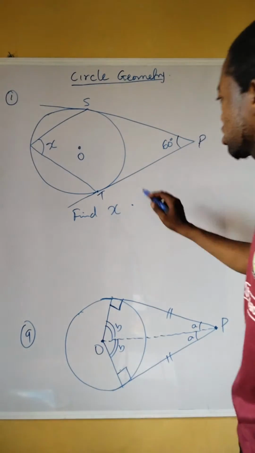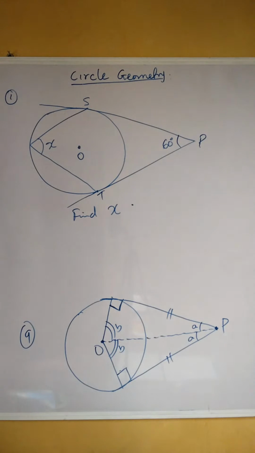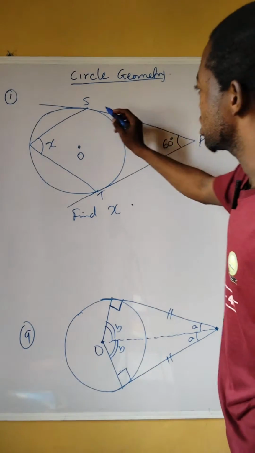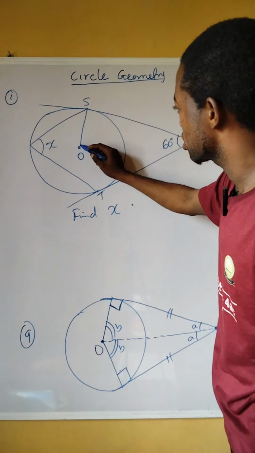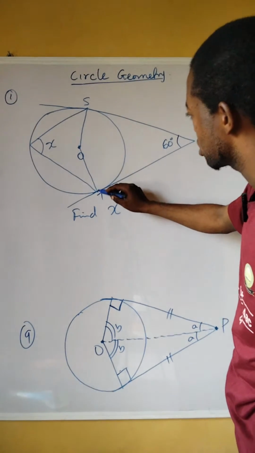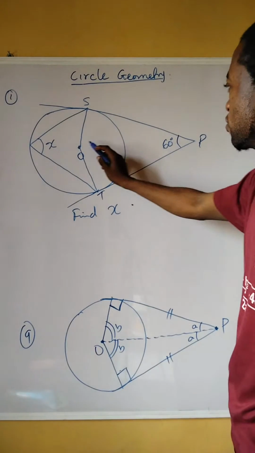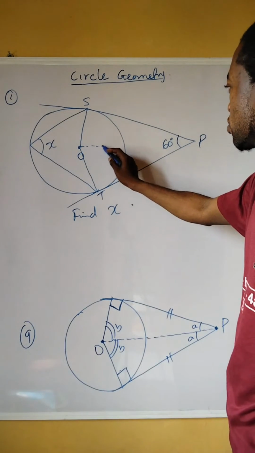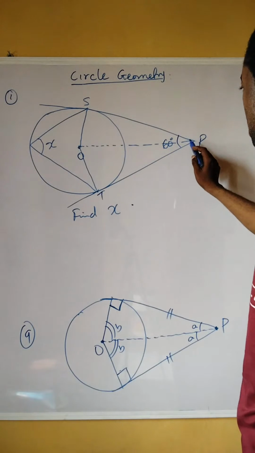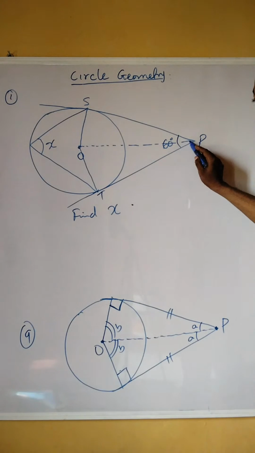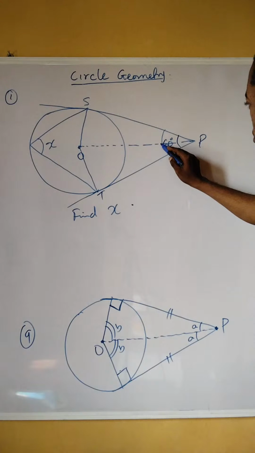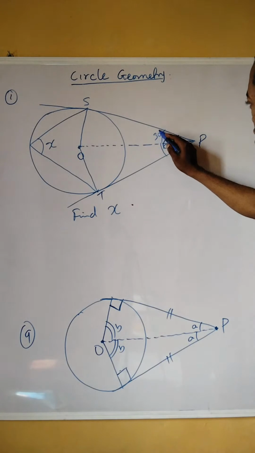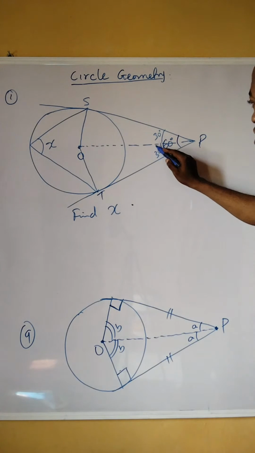Find X. Now, when we consider this particular diagram, it follows from this theorem 9. Something interesting here, you can join these points, and we can even draw this line from the center. This is a construction line, and since this line bisects this angle, 60 will be divided into 2. So this is 30 degrees, this is 30 degrees, making 60 degrees.